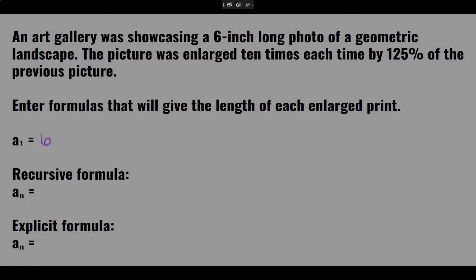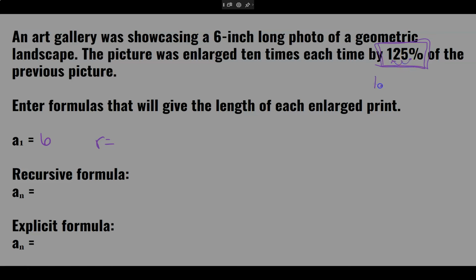Good. What is the other thing we're going to need to know? We're going to need to know the ratio, okay? So how is it changing? 125%. First time I've had to take my percent and change it to a decimal. Good. Take your decimal, which is next to the 5, and move it back twice.